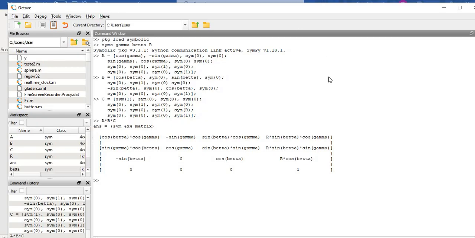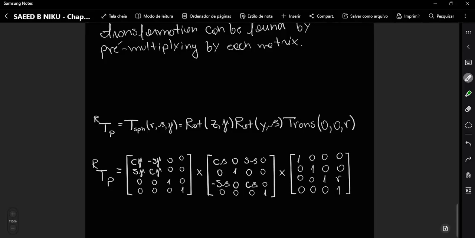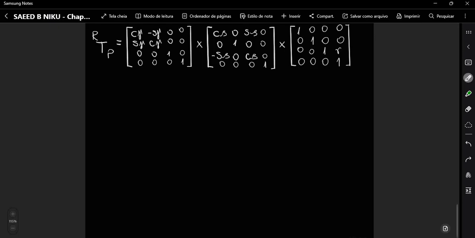So first, let me pass the final result, and again paying attention to the notation, which is very important.